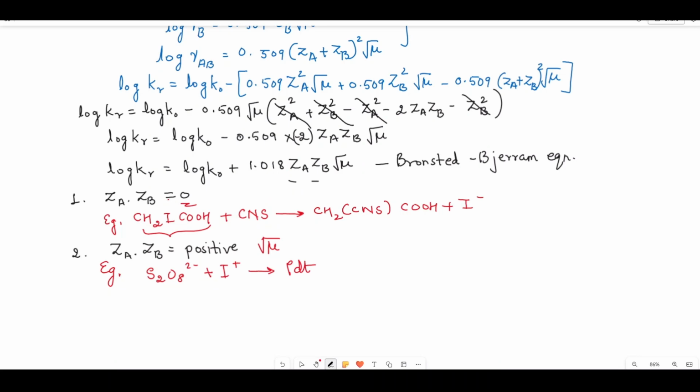Here, the value of ZA and ZB is plus 2, although both ions have negative valency. Let us see another example.